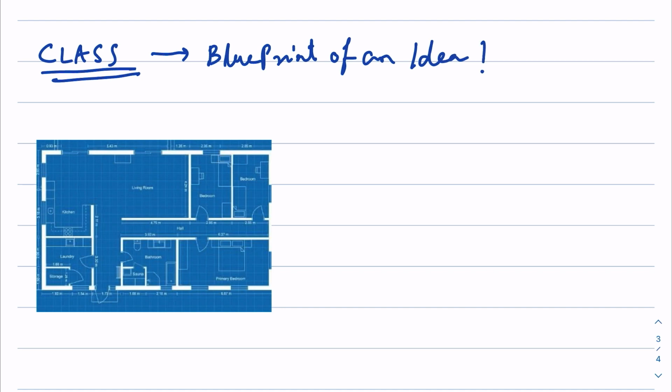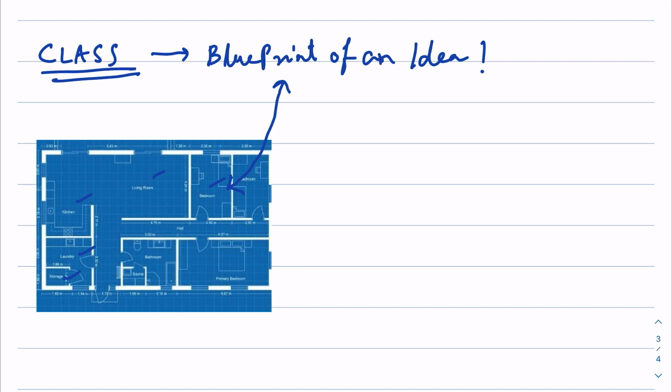So what's a blueprint? Blueprints look something like this. So this is a house. In simple terms, this is a map of a house. You have kitchen, you have living room, you have bedroom, you have washroom, you have storage. So a class is something like a map of a house.